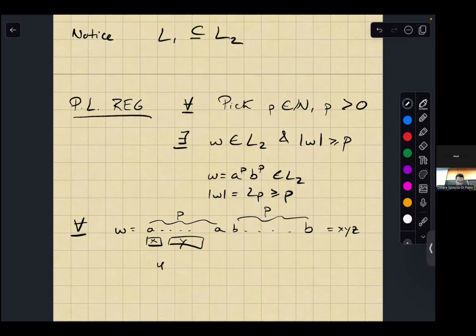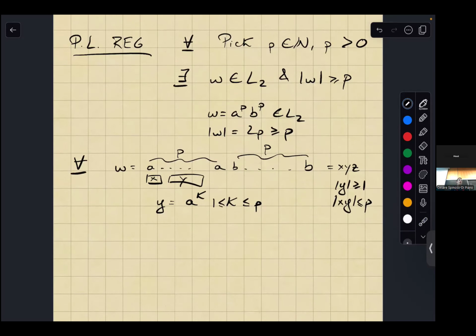So y is going to be some number of A's, let's say k A's, and that number of A's is going to be at least 1 because the pumping lemma also tells us that the length of y has to be at least 1, and it's going to be at most p because the pumping lemma tells us that xy has to be at most p. Okay, so now it looks like I'm in pretty good shape to defeat the opponent, right?